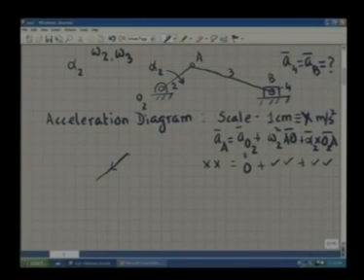So I draw in the perpendicular direction. This is omega 2 squared AO, and this vector is alpha 2 cross O2A.